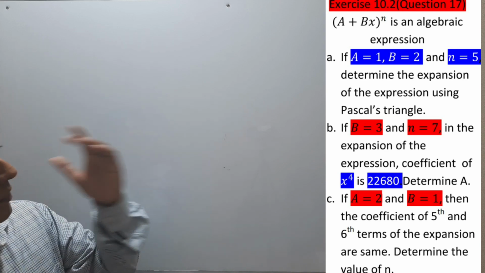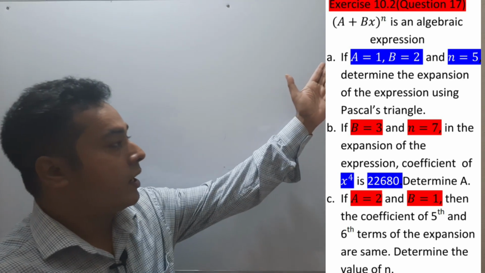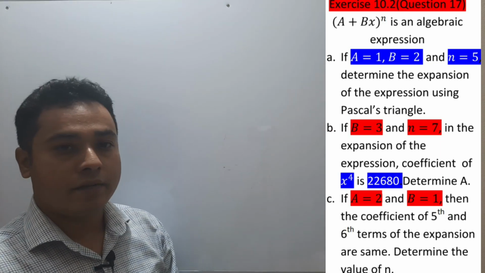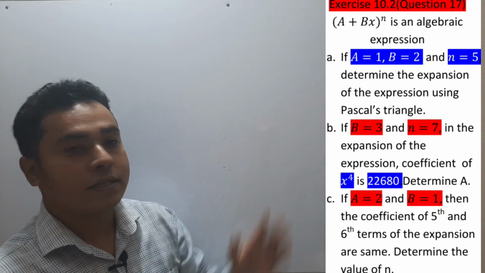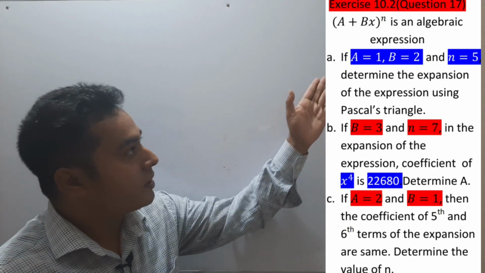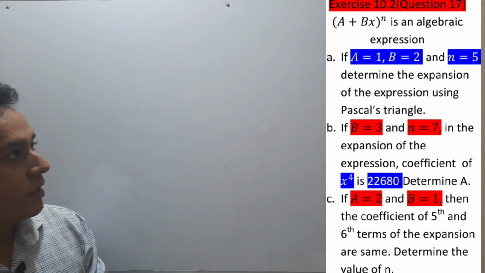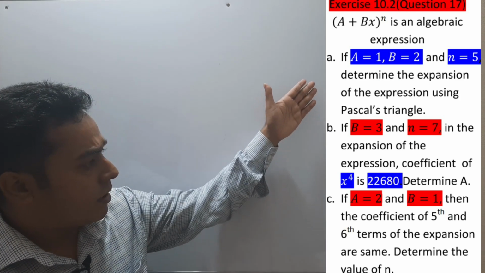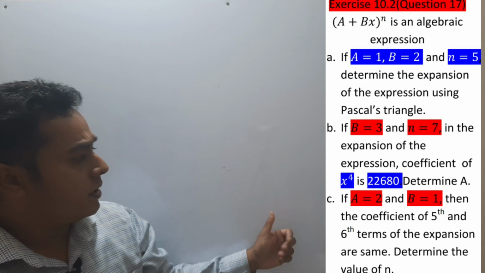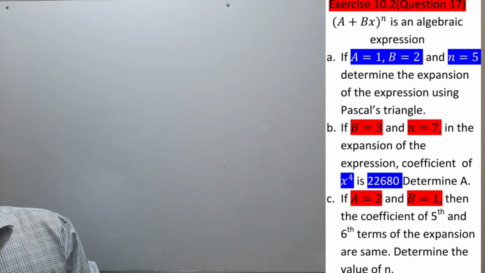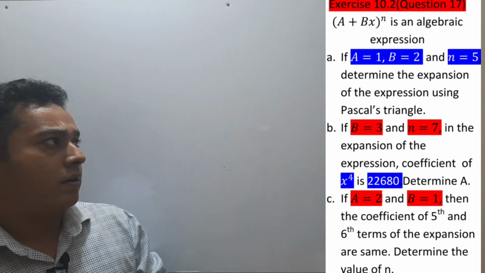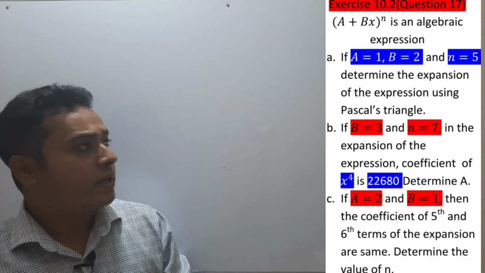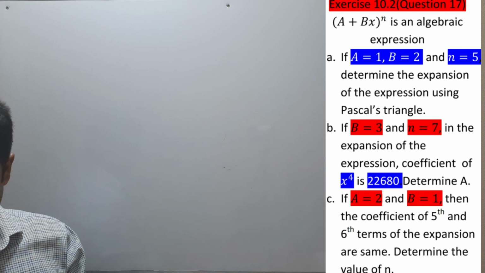First one is, if (a + bx)^n is the algebraic expression, this algebraic expression is a binomial term because it has two terms, and we have to solve questions a, b, c according to this stem, which is given: a binomial term (a + bx)^n.